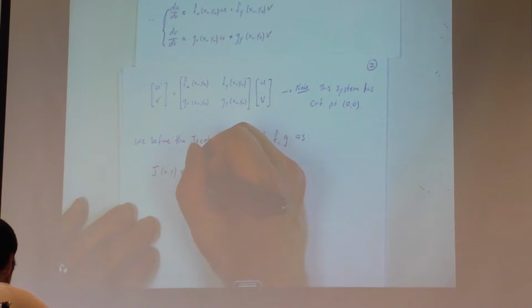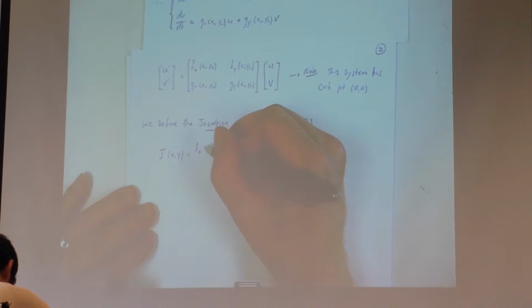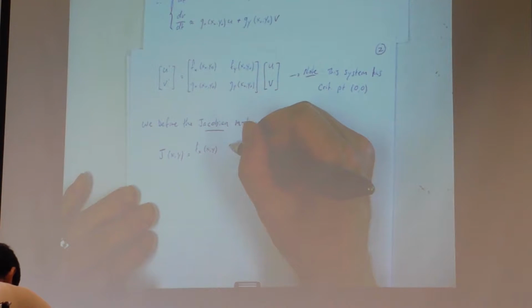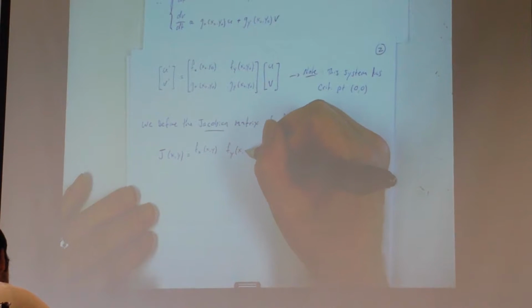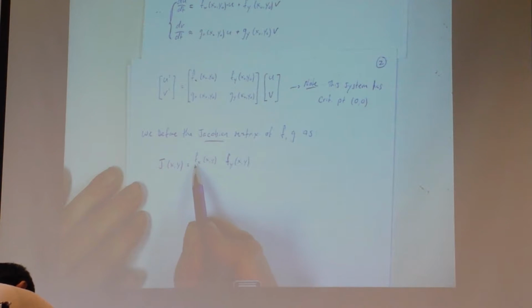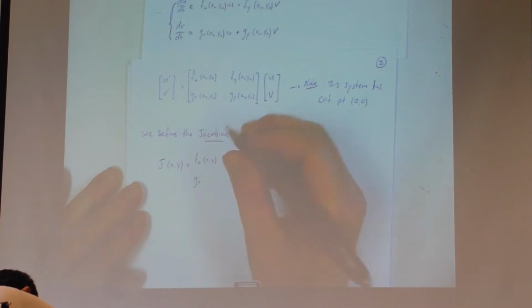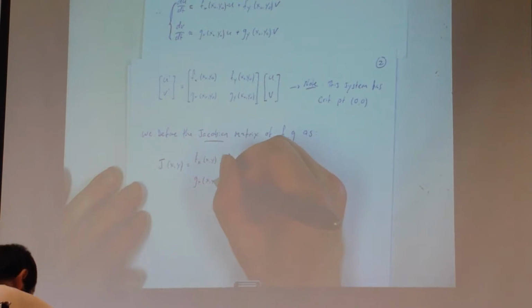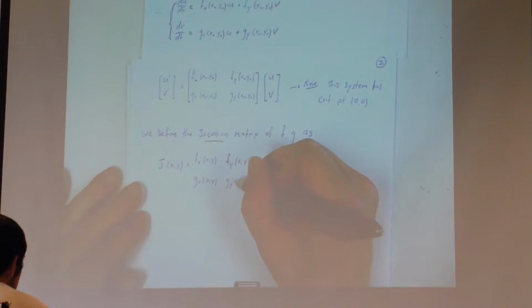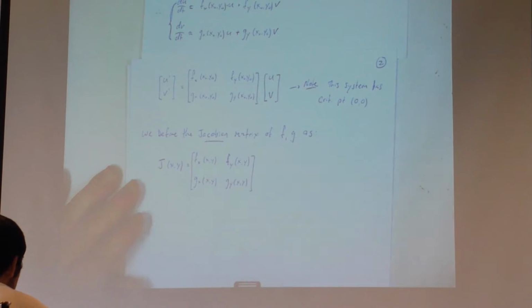J(x, y) equals partial of f with respect to x, evaluated at the point (x, y), partial of f with respect to y at the point (x, y). And then g; you can think of them as row vectors. So f goes in the first row, partial with respect to x, then partial with respect to y. The second row is g, first differentiated with respect to x, and then differentiated with respect to y. So that matrix is what we call the Jacobian.